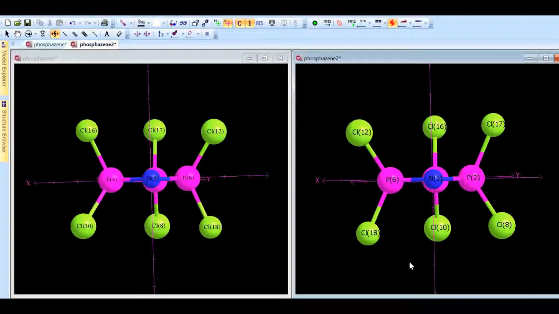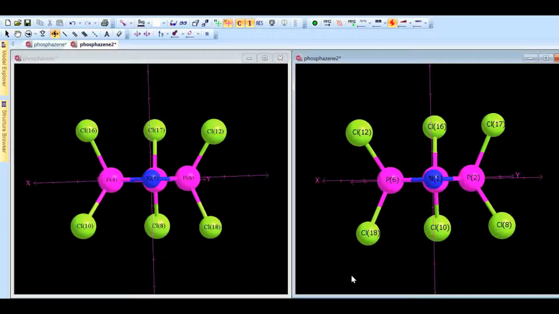In an actual molecule, phosphorus is phosphorus, nitrogen is nitrogen, chlorine is chlorine. But since we are performing operations in order to check which atom has gone where, we have given the numbers. For symmetry purposes, you have to check only the appearance. The appearance should remain the same, and you will see that the appearance is the same in both left and right figures. So we have performed the C3 operation.